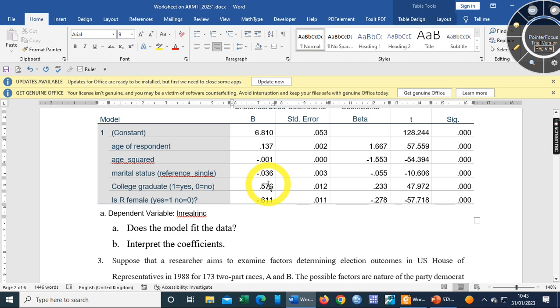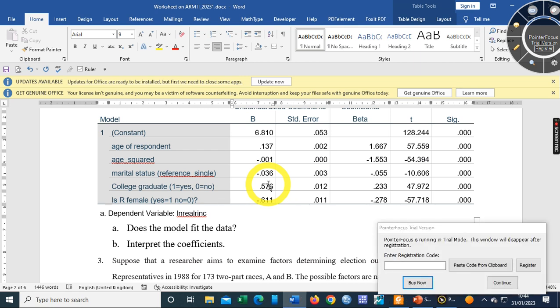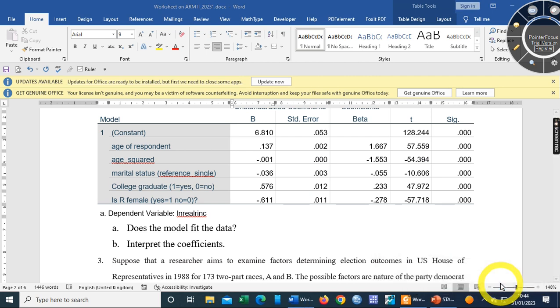Here, the income of respondents who graduated or who have a college degree is higher by 57.6% when we compare it with those who don't have a college degree.